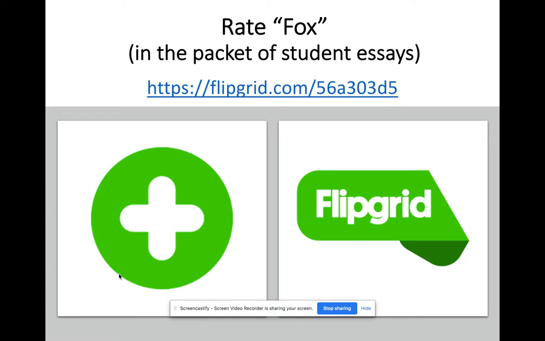So what you're going to do in terms of the 6 traits is, this link is also in Canvas. You're going to go to this link. You are going to record yourself. You're going to read the Fox first and have your rubric out, and then you're going to record yourself giving your ratings for the first 5 of these traits that we've talked about.